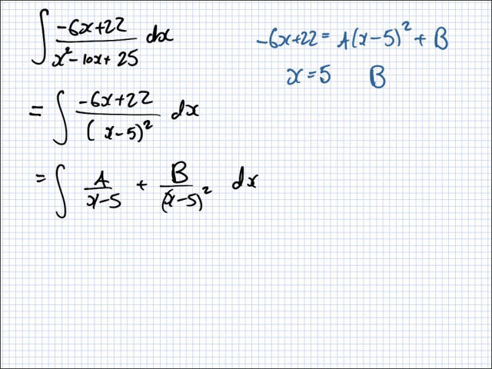0 is 22. A equals, hang on, minus. Wait. Look. This is wrong. No square here, right? Just one of them.